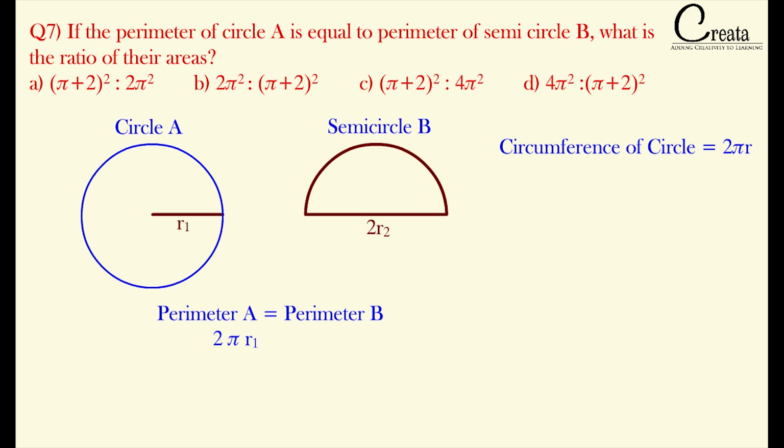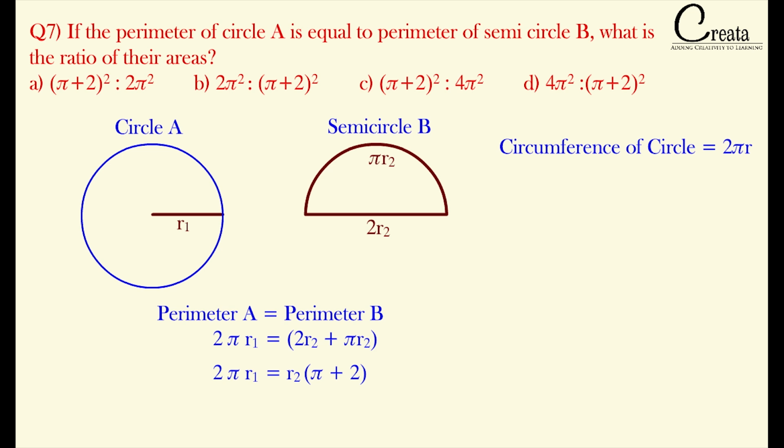Here radius is r2. So we got the length of this boundary as half of the circumference, that is 2 pi r upon 2, that is pi times r, that is pi times r2. So we got the perimeter of this complete semicircle as 2 times r2 plus pi times r2, that is r2 times pi plus 2. Got it?